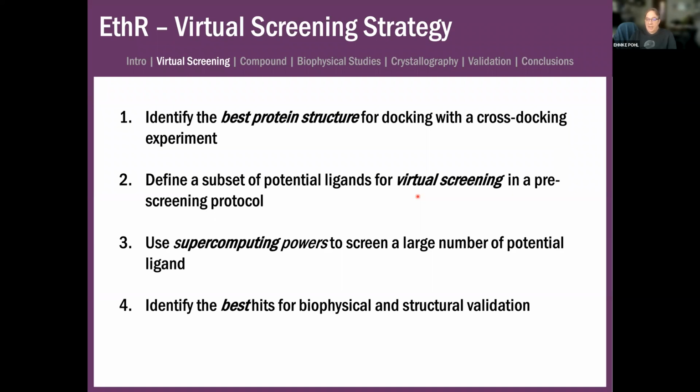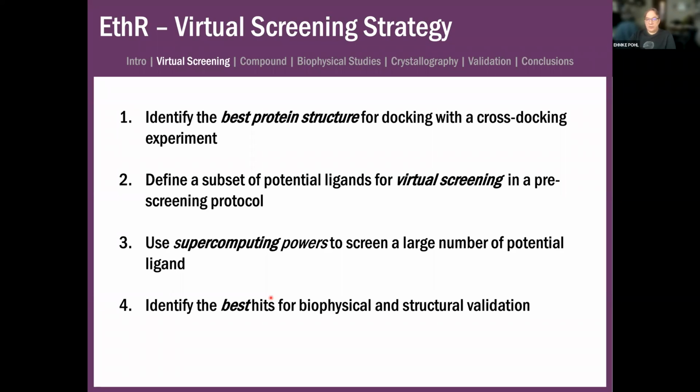If you use the entire chemical space, all available chemical compounds, you will again waste a lot of time docking compounds that are very unlikely to be ligands. Nevertheless, we had to resort to some supercomputing power down in Cambridge in order to screen a large number of potential ligands. And then we took those best ligands for further identification, biophysical, and structural validation. I'm going to show you a few examples of that at the very end.